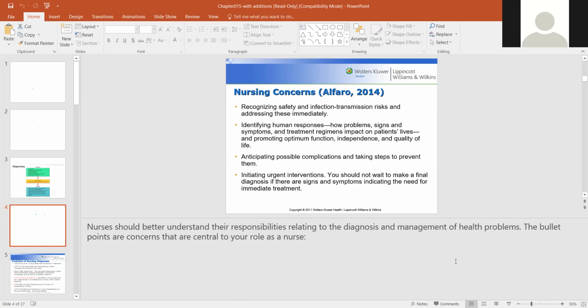How will it affect their ability to function independently and their quality of life? We have to anticipate that complications can occur and what steps we are able to take to prevent those complications. And then we have to initiate any urgent interventions, okay? You don't wait. If something needs to be treated immediately, you're going to treat it immediately or get help for the patient right away.